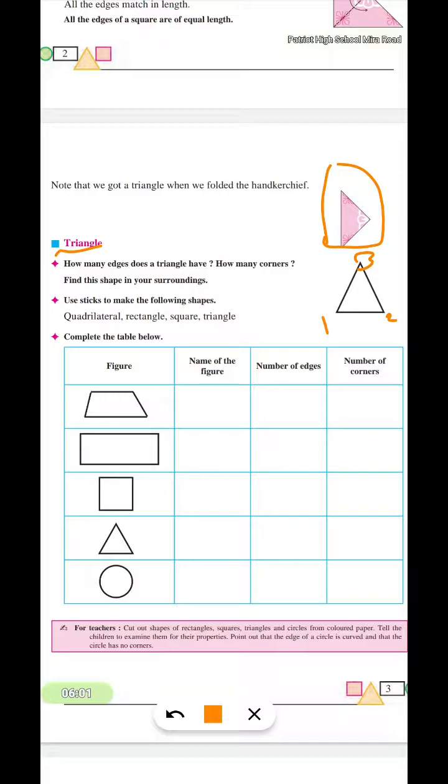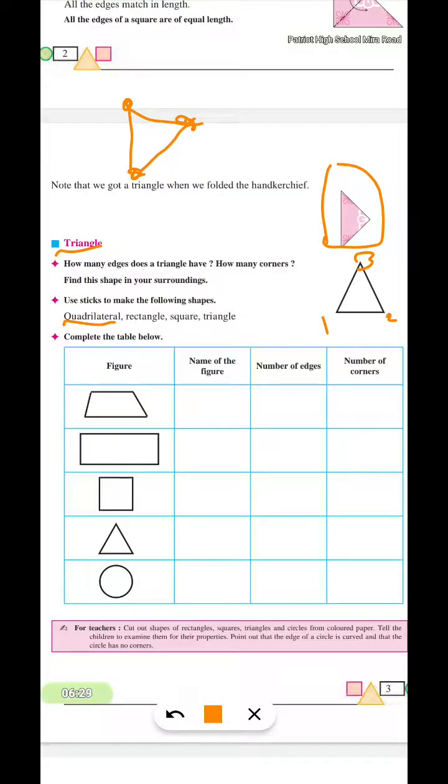Use sticks to make the following shapes. So you can make shapes, quadrilateral. For instance, the first quadrilateral. So you take matchsticks, you can make use of matchsticks. Matchsticks are like this. So one matchstick, and second matchstick you can take like this, and the third matchstick you can place here.